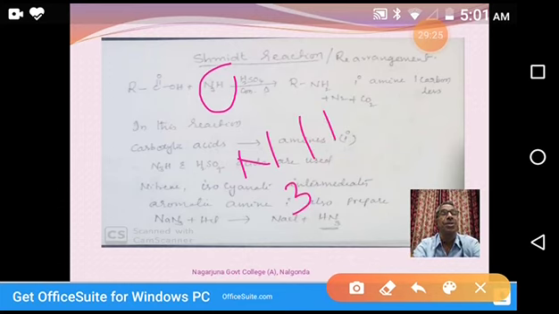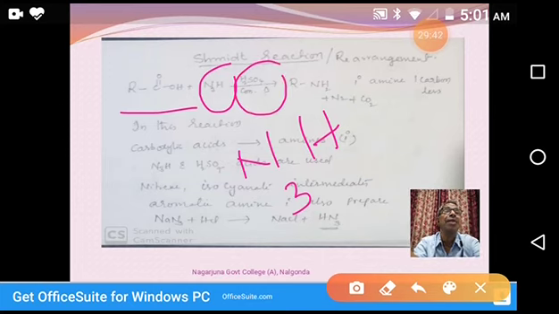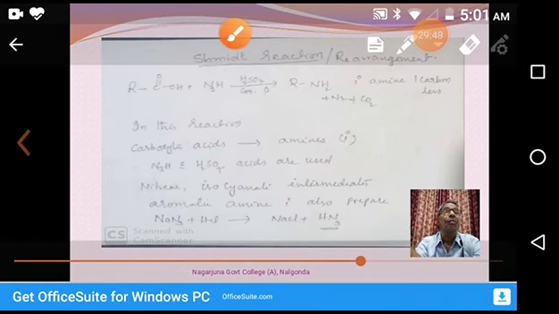NH3 is ammonia, N3H is called hydrazoic acid. It has a specific structure. We will see the structure later. When acids react with hydrazoic acid in the presence of concentrated sulfuric acid, we get primary amines after a rearrangement reaction.